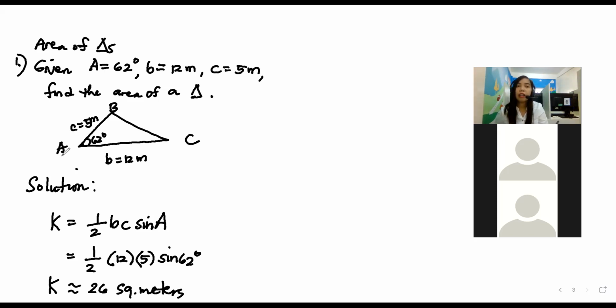Sides and unincluded side. Included angle. SAS. So, what if kung ang given naman ay ASA, you're asked to find the area. So that is for the second example. Kaya, derive.